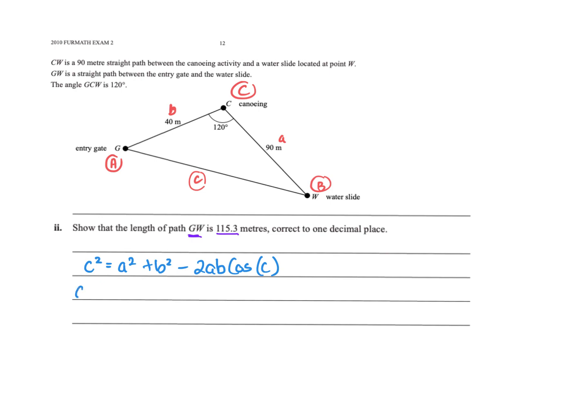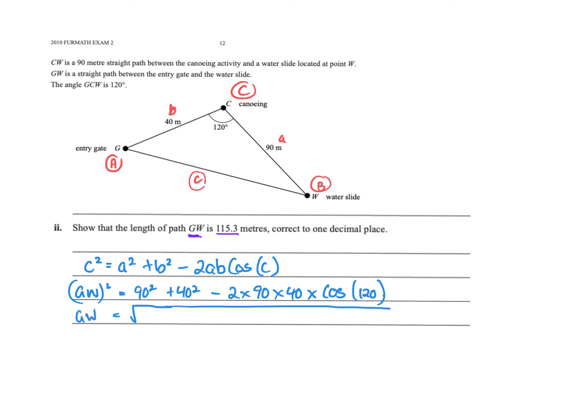So we might call it GW squared equals 90 squared plus 40 squared minus 2 times 90 times 40 times cos 120. Okay, and you might put the final step in and you can just say, well, GW is the square root of all of that.